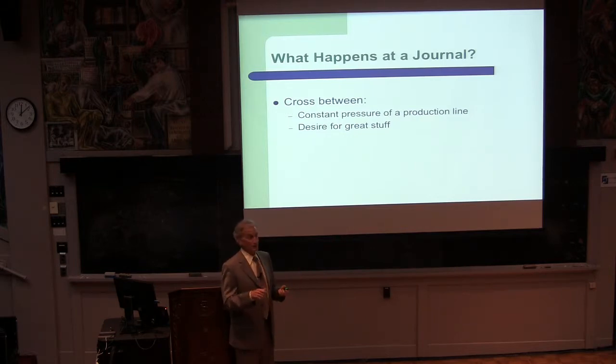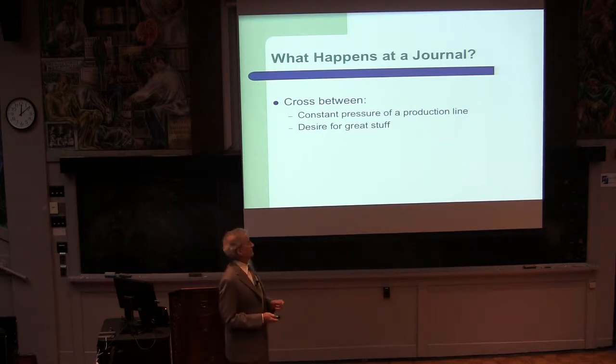You used to actually have to put things in the mail or FedEx, but those days are dead. You hit the send button, and then through some mysterious process, eventually your paper either gets accepted or rejected or some other thing. So I think it's really valuable to understand what's going on behind the curtain, so that you can make sure you get the best possible chance of getting published.